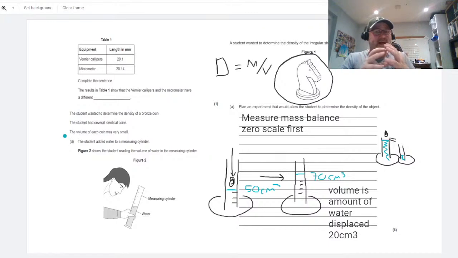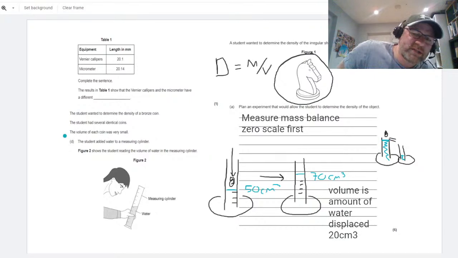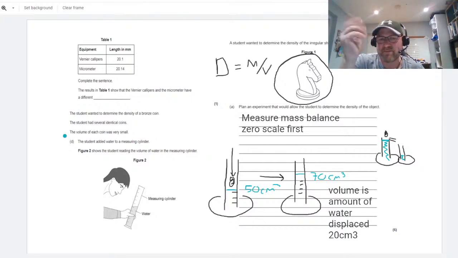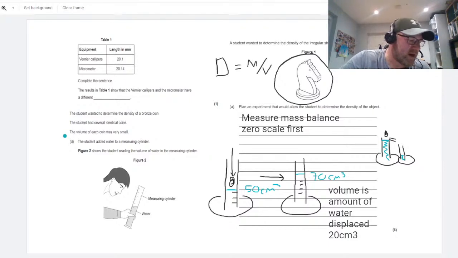Then add it to the measuring cylinder and measure the volume, and repeat the measurements. Yeah, that's it, nice and easy. It's not that hard actually.